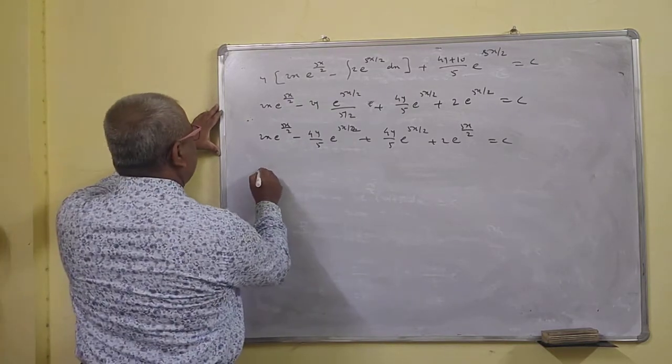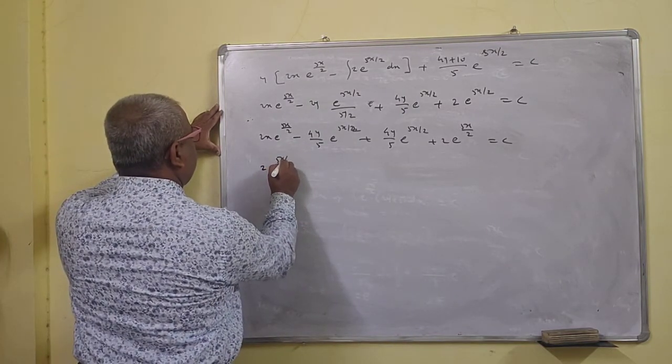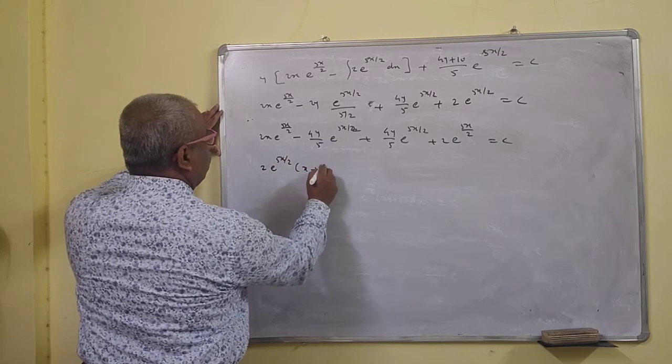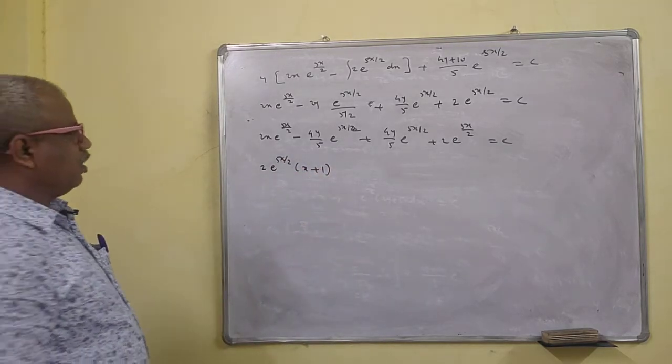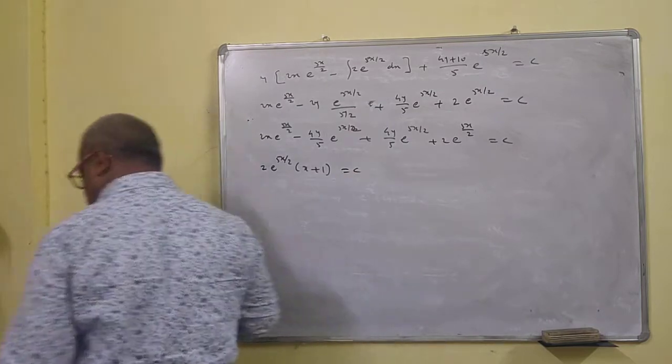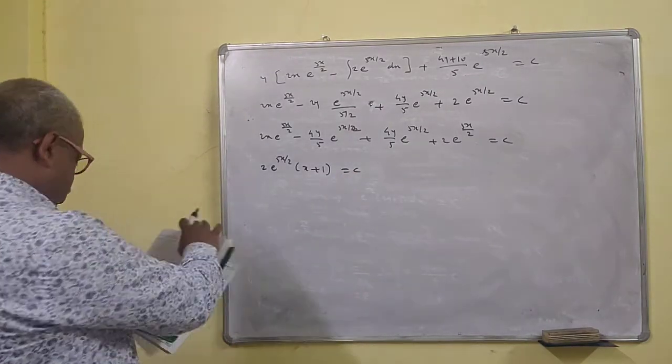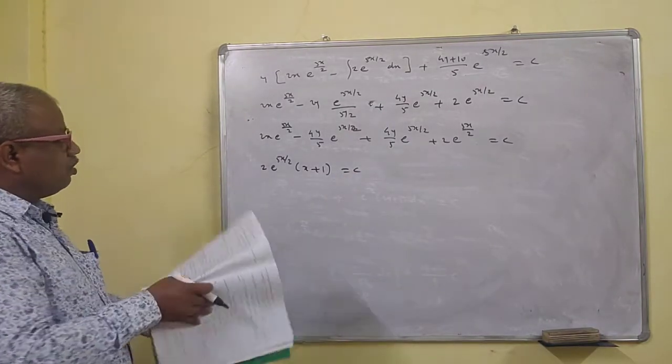You can write 2 e raised to 5x by 2 times (x plus 1) is equal to C. This is your answer. This is your general solution.